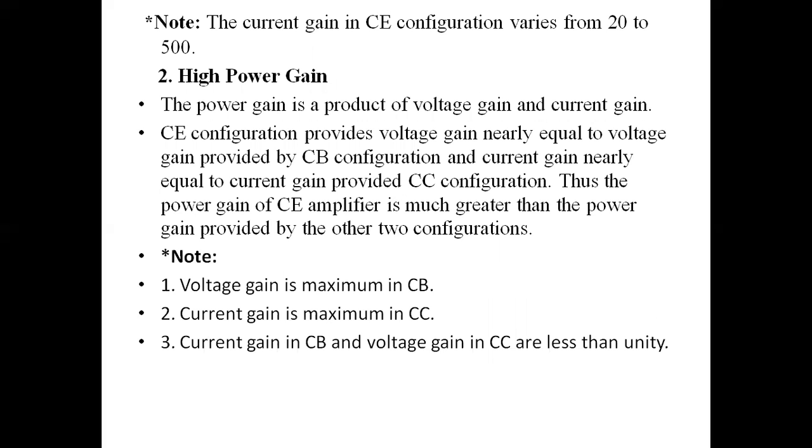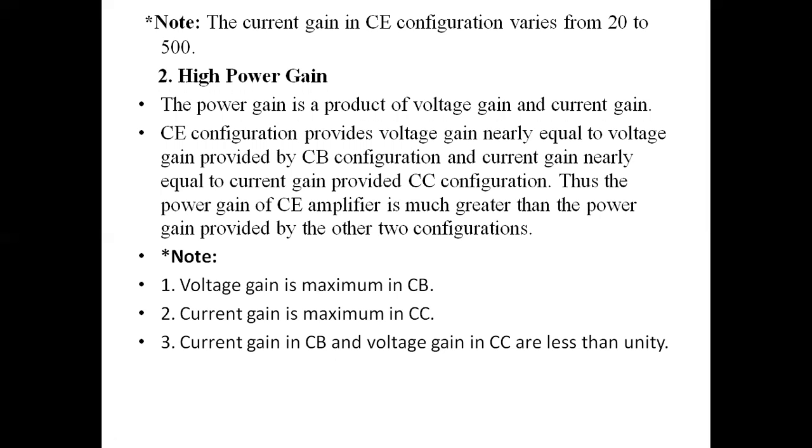And second one is high power gain. The power gain is the product of voltage gain and current gain. The common emitter configuration provides voltage gain nearly equal to that of the common base configuration and current gain nearly equal to that of the common collector configuration. Thus, the power gain of the common emitter amplifier is much greater than that of the other two configurations.